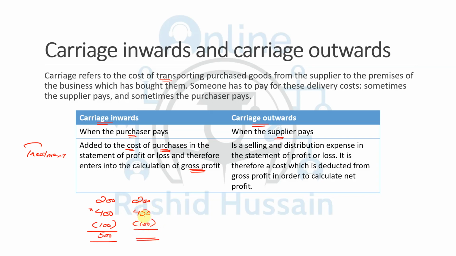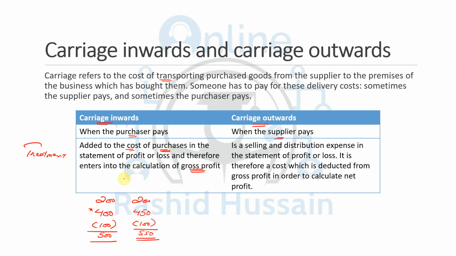So 200 plus 450 means 650, and minus 100 means 550. So that means if you are not recording the carriage inward in the cost of the purchase, then the cost of sales will be understated, and similarly vice versa. So make sure you remember this concept.